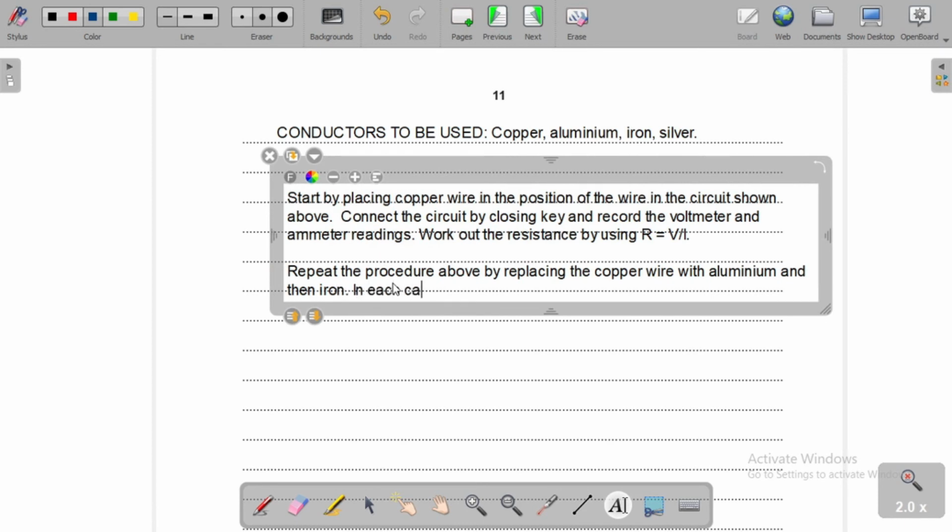In each case, measure and record the ammeter and voltmeter readings.